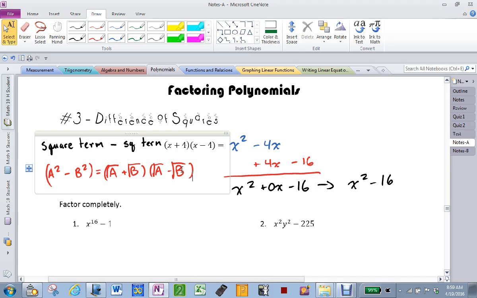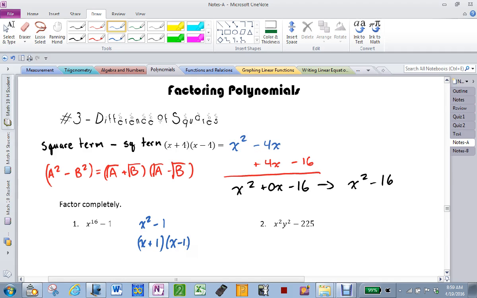Now, if this, do not write this down, were x squared minus 1, could you factor that? Because it's a difference of squares, isn't it? Okay, what's the square root of the first term? X plus what's the square root of the second term? 1. And then we do x minus 1, correct? Everyone agrees? You see how that works, because we did that 2 days ago, yeah? With the 0 in the linear term.